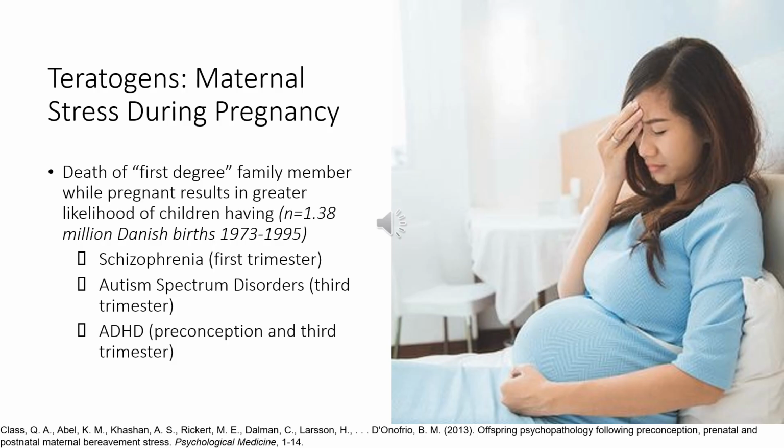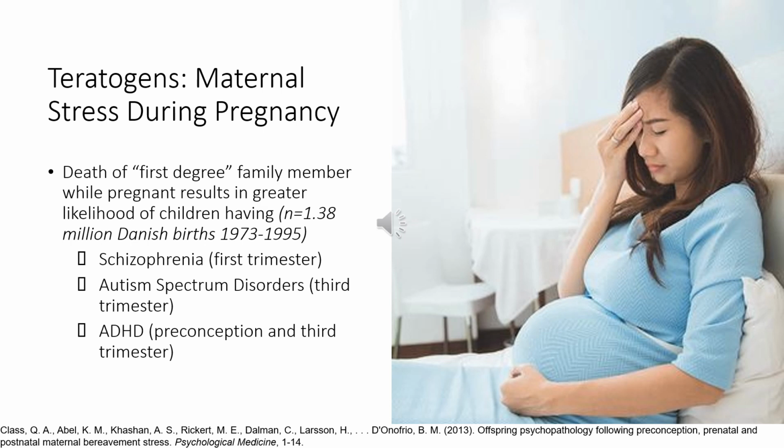So maternal stress is considered a teratogen, and there's been a lot of research on maternal stress, experiencing, for example, the death of a family member or domestic violence or a crisis like Hurricane Katrina during pregnancy. And there's no clear research that says experiencing a stressful event in the first trimester or third trimester or second trimester is better or worse.